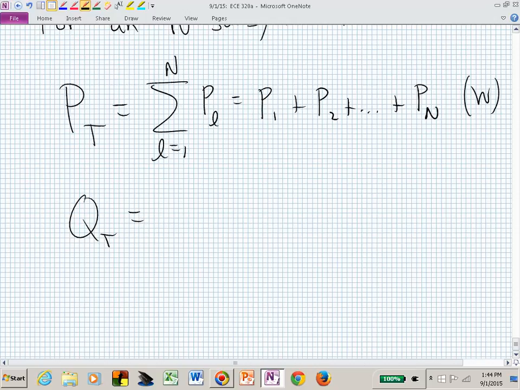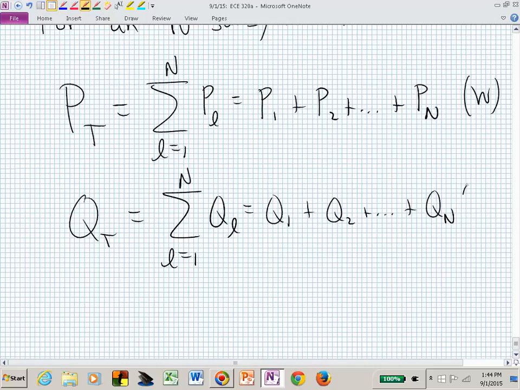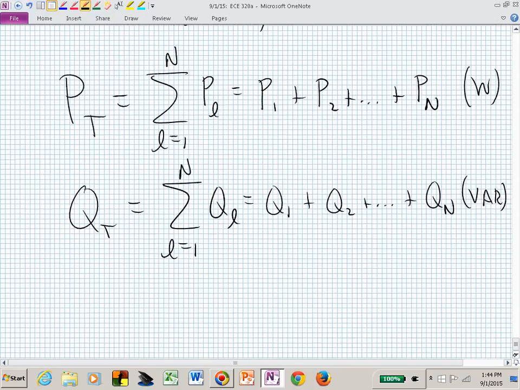Likewise, the total reactive power is now the sum of these Q's, and it will have units of VARs. Then we can simply say the total complex power of that N subsystem network is just P sub T plus j Q sub T volt amperes.